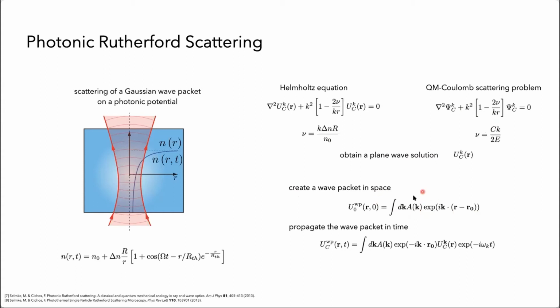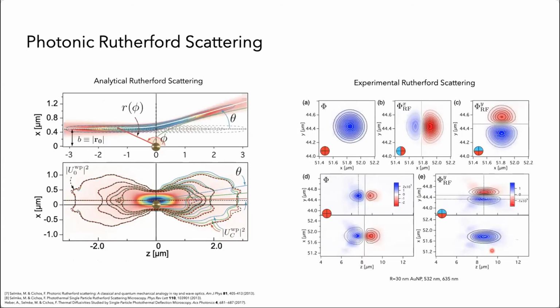If you take many of these and put them into this wave packet, you can propagate the wave packet over time and see how this wave packet is scattered on this Coulomb or Coulomb-like potential. And this is what you see here. This is a result of a simulation we have done. So this is the wave packet here at a certain state.